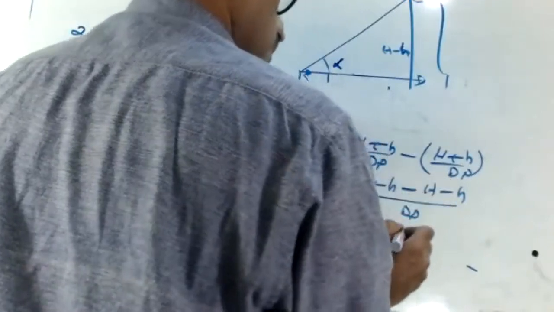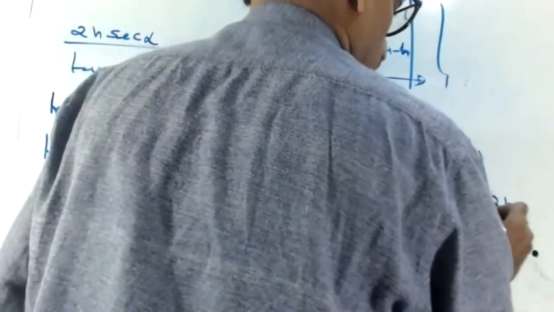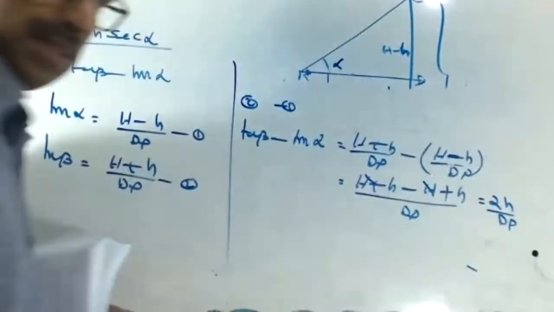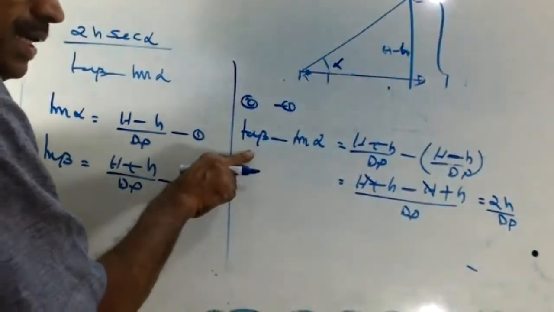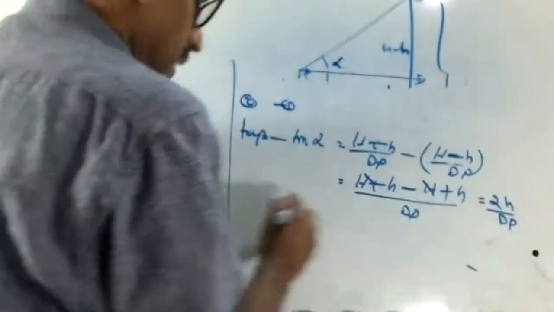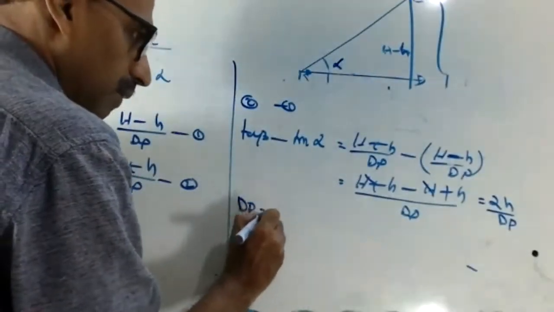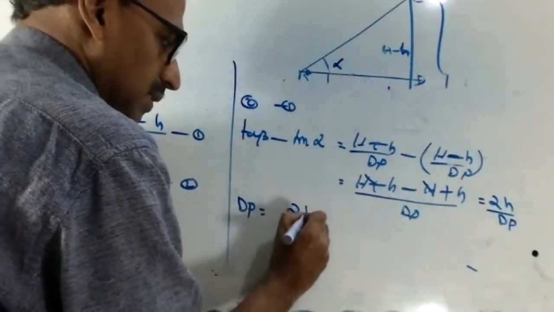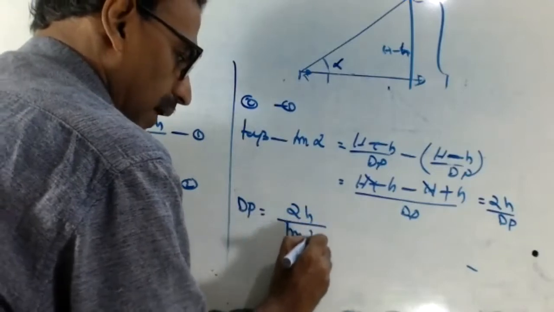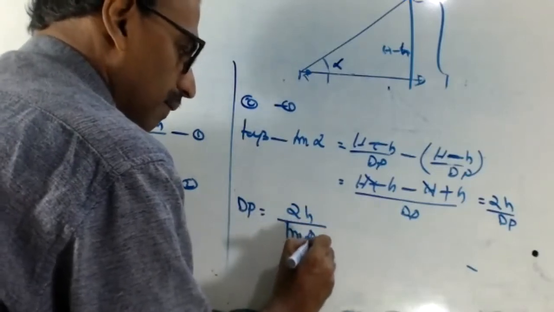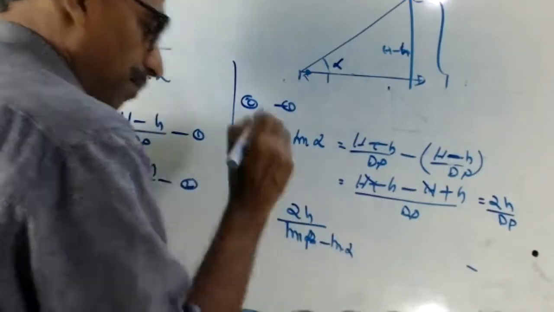This minus and plus, H cancels, giving 2h by DP. So tan beta minus tan alpha equals 2h by DP, and DP equals 2h divided by tan beta minus tan alpha.